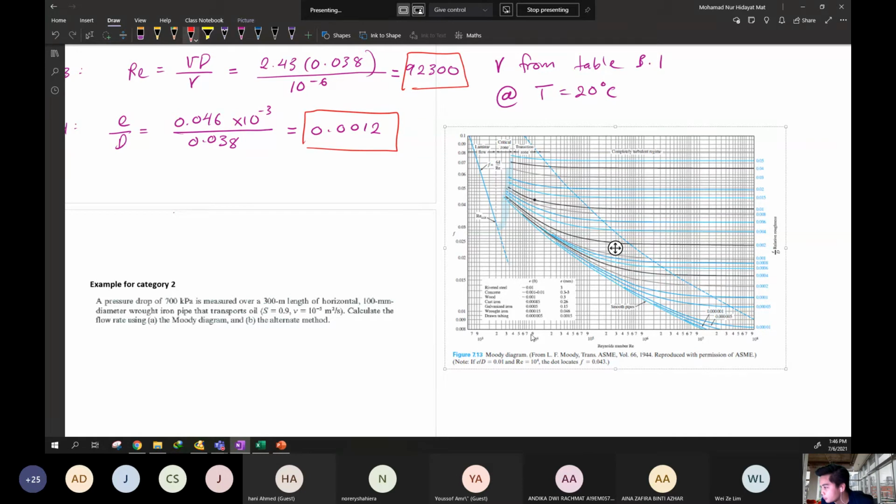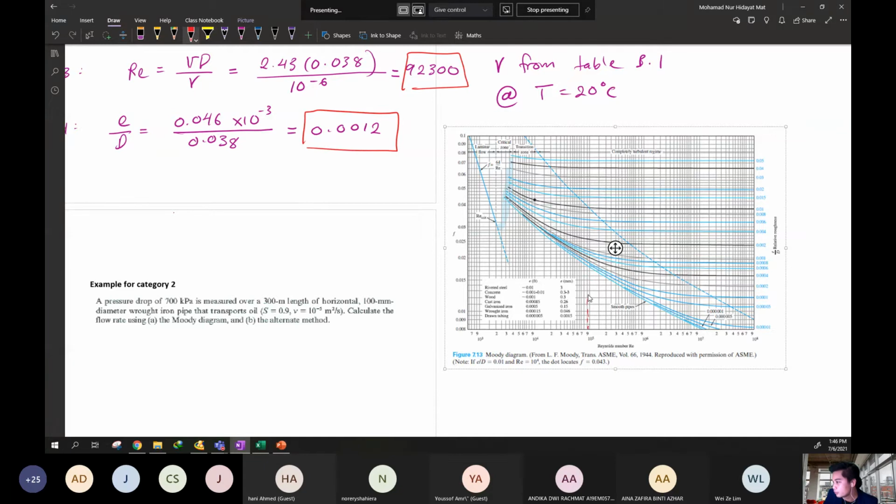Okay, this is 9, 9 multiplied with 10 to the power of 4. This one, around here.